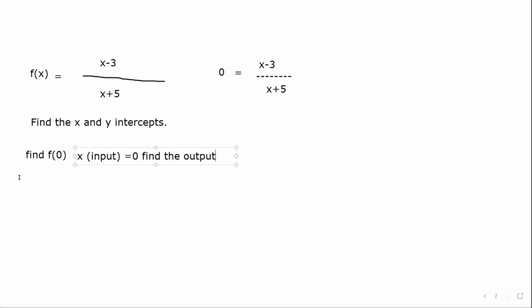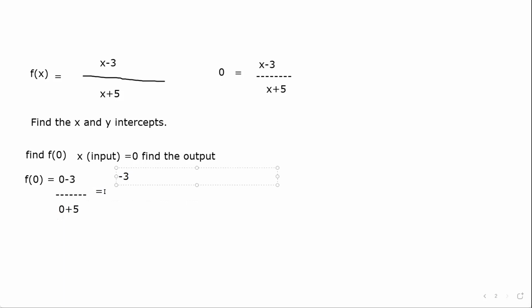So here, this is telling me that f of 0 is equal to 0 minus 3 over 0 plus 5, right? So this is equal to negative 3/5.